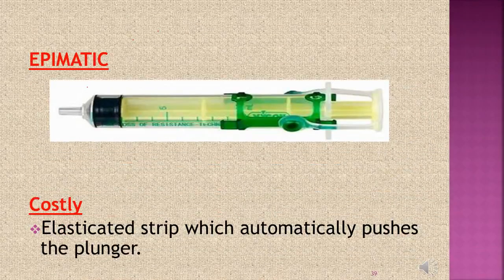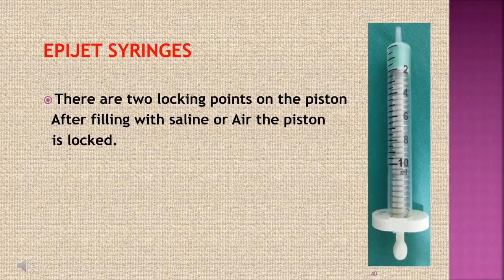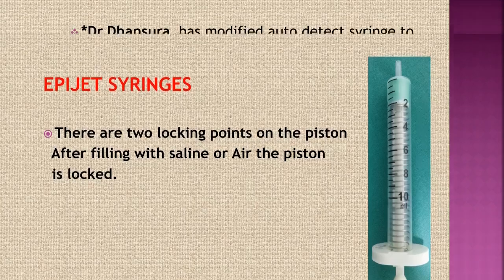Epimetric syringes are also available, but they are very costly and have an elasticated strip which automatically pushes the plunger. Eject syringes have two locking points on the piston. After filling with saline or air, the piston is locked.